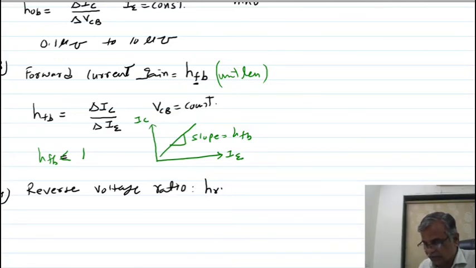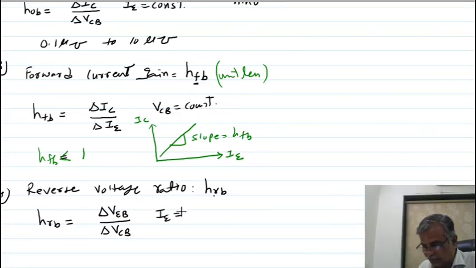Reverse voltage ratio. R for reverse, B for common base. The reverse voltage ratio HRB is defined as the ratio of change in input voltage to the corresponding change in output voltage at a constant value of the input emitter current.